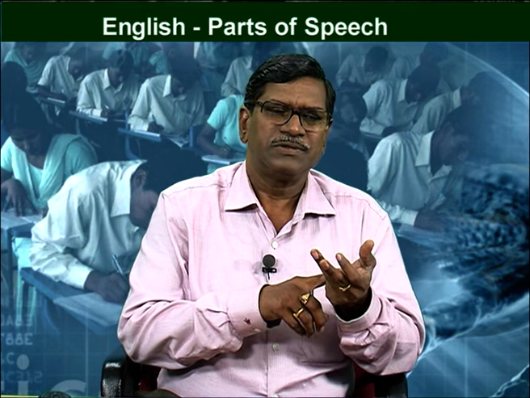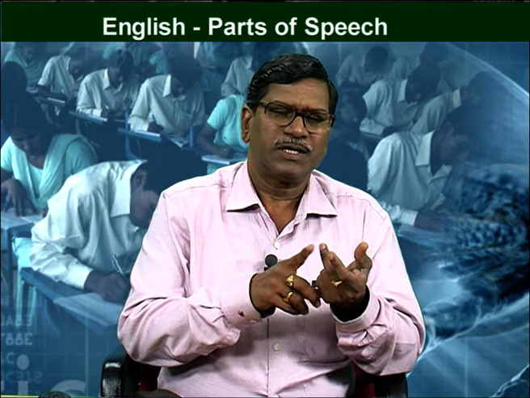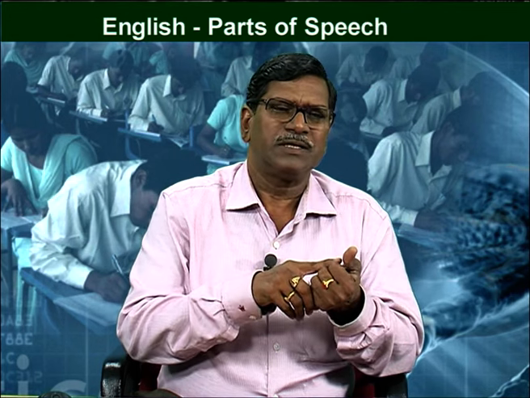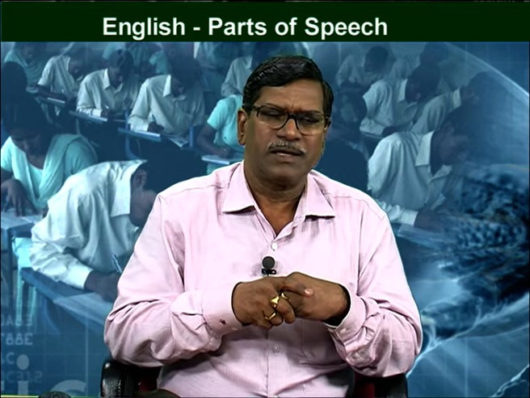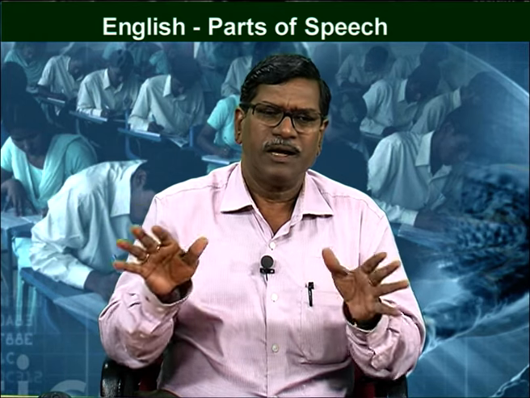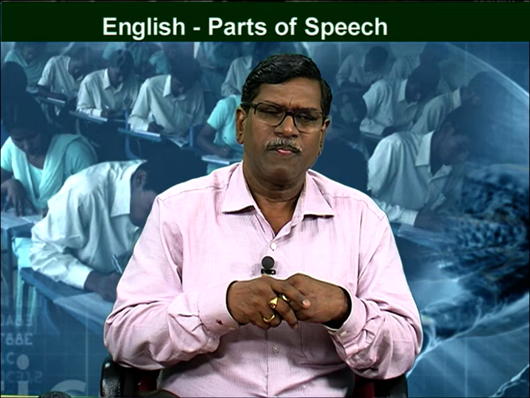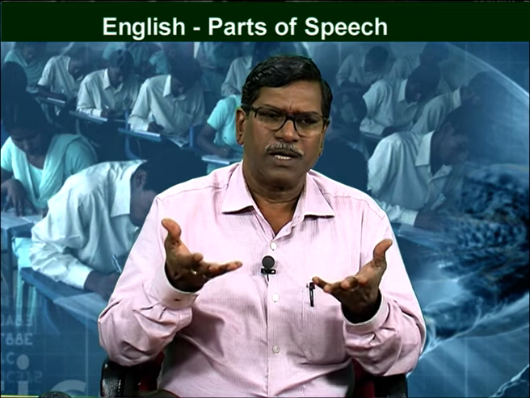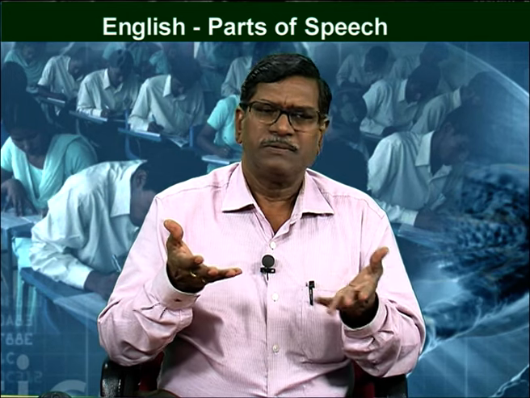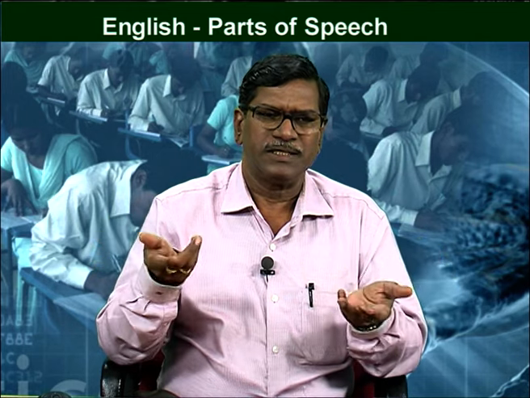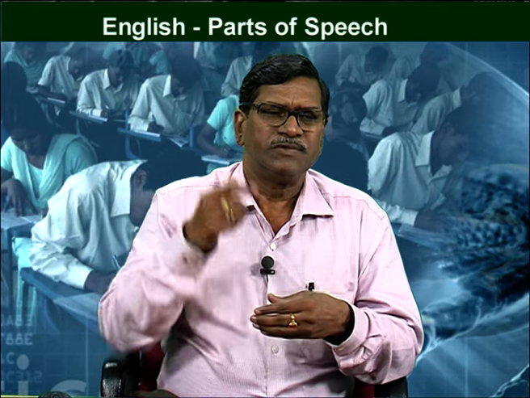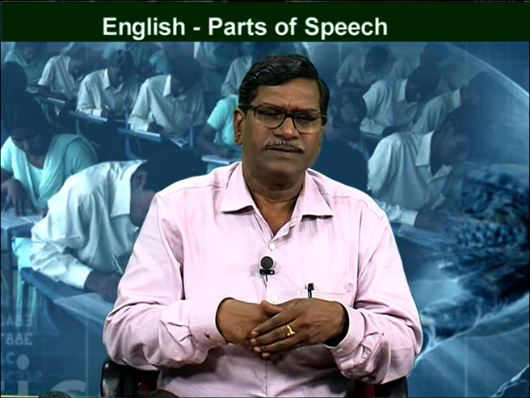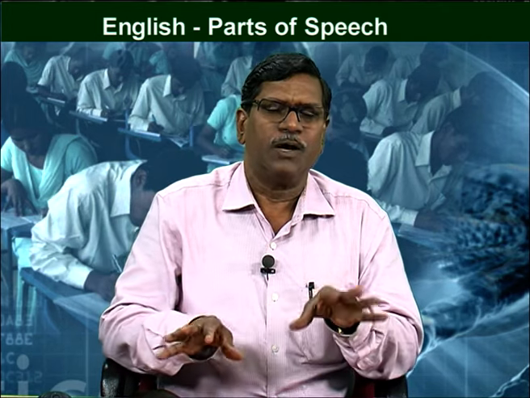Proper nouns, common nouns, collective nouns, material nouns and abstract nouns. All these concrete nouns we can see with our eyes and we can even touch them. But abstract nouns are the nouns we can't touch, we can't see them. We can just identify them with our thinking ability. Okay? These are all nouns.